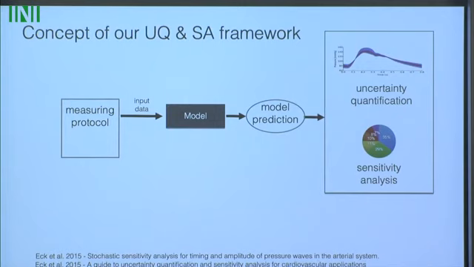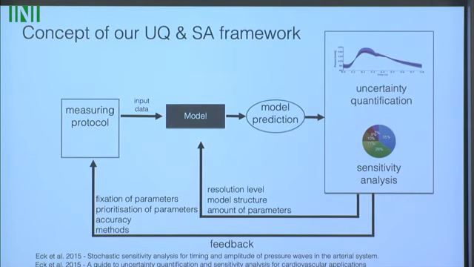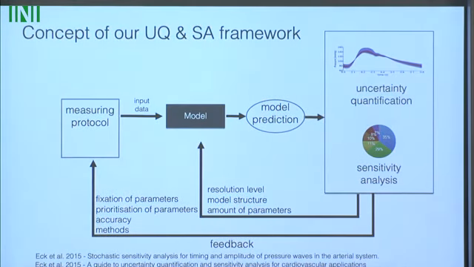We apportion those variations to the different input variables, and that can lead us to fixation of parameters which are of less importance, and prioritization of parameters which are of greater importance. That can also tell us something about the resolution level, model structure, and the number of parameters needed.